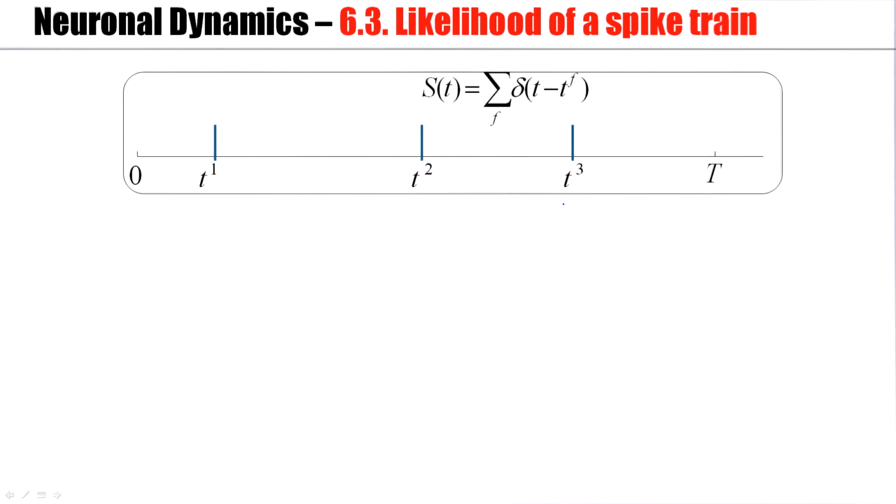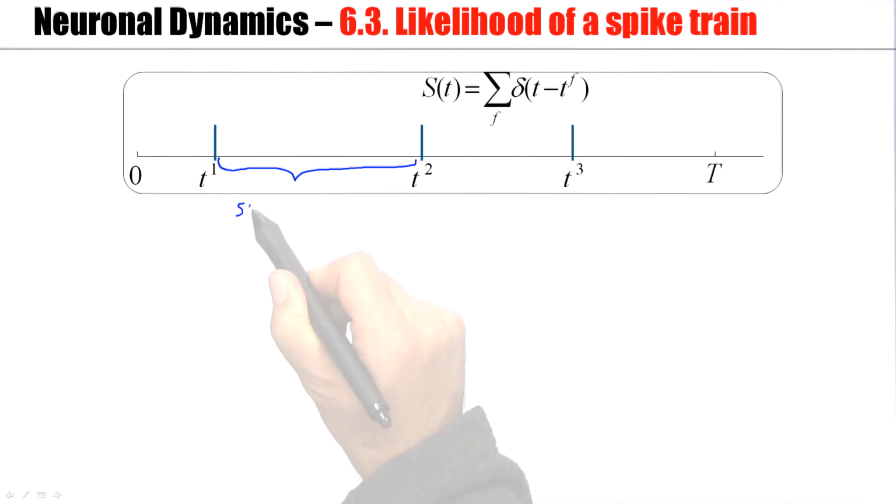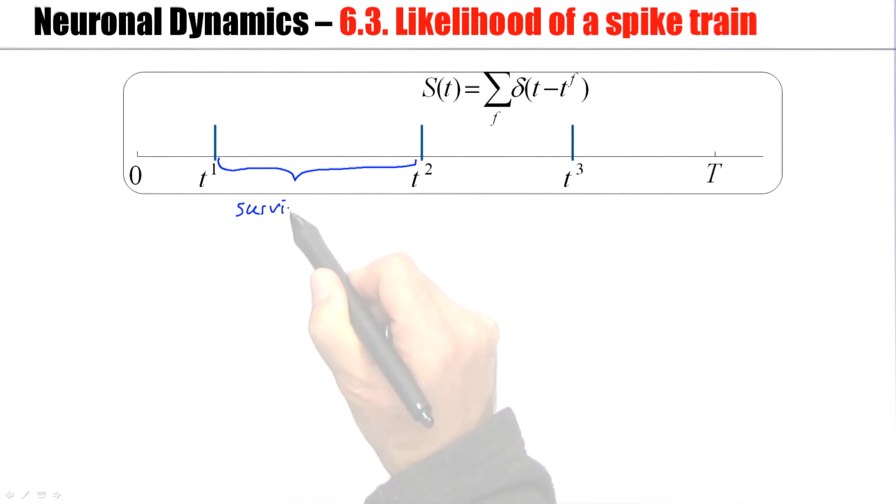So here again, my sequence of spikes. We have seen in part 2 that we can discuss the question, what's the likelihood that a neuron would survive a certain interval from t1 to t2 without firing? What's the probability to survive?